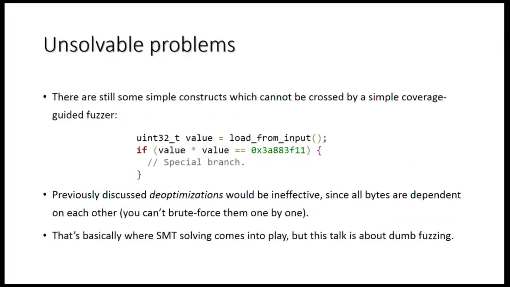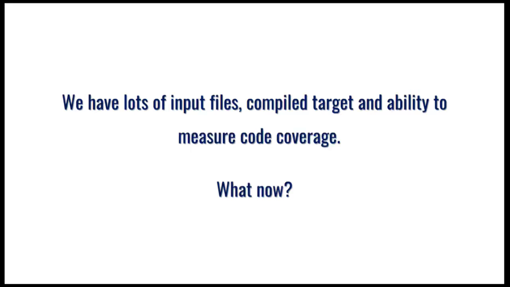But we still have some unsolvable problems, such as when the value being loaded from the input is processed somehow before being compared with some signatures, and this we cannot really approach with any of the dumb ideas that I presented before. But this is about dumb fuzzing, so we have to just agree with that.